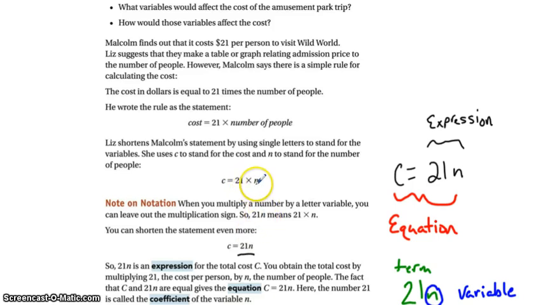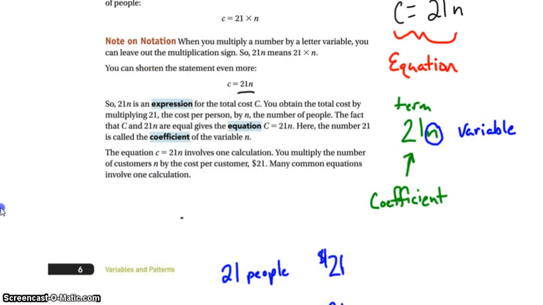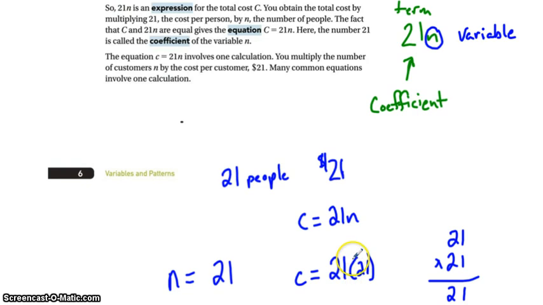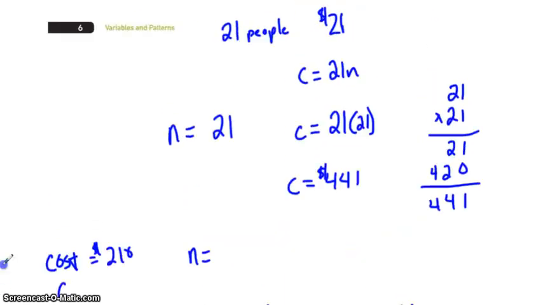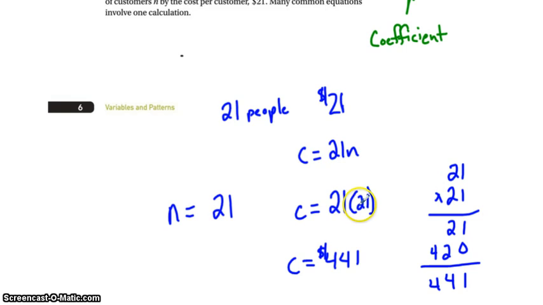A lot of times we won't. We'll see it as 21n. We'll get rid of the x, or when we are substituting, like I did down here twice, we're going to put parentheses around it. And the act of replacing a variable with a number is called substitution.